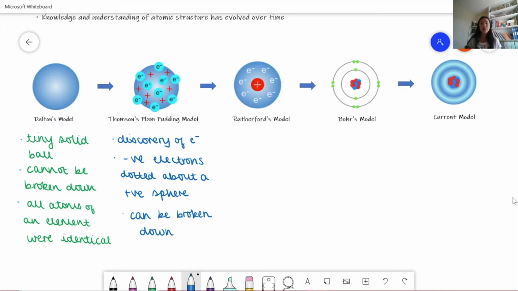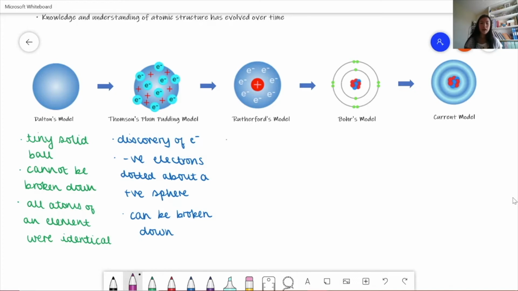And the next development of the atomic model is Rutherford's model. And he found that if he fired some positively charged particles at gold foil, they bounced back when they were expected to pass straight through. And so he concluded that there must be a central positive nucleus where most of the mass of the atom is found.